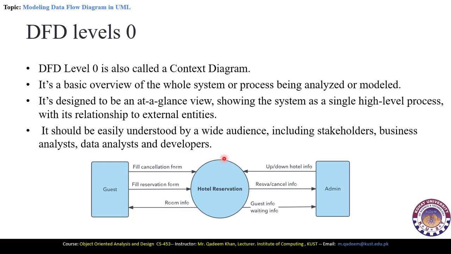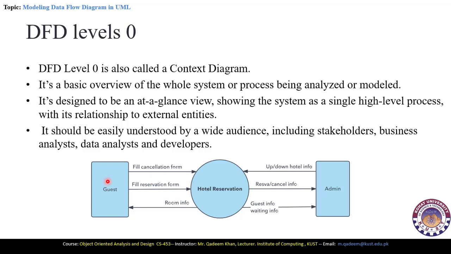It represents the hotel reservation system. You can see that here is a central software, hotel reservation. Hotel reservation interacts with the guest components and also with the admin components. So that means that there are 2 important components of the hotel reservation.